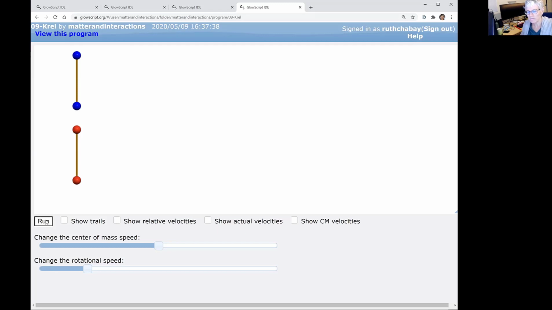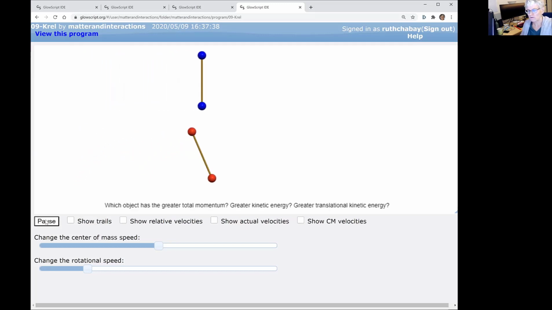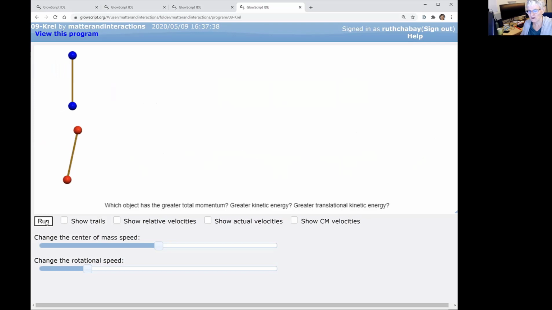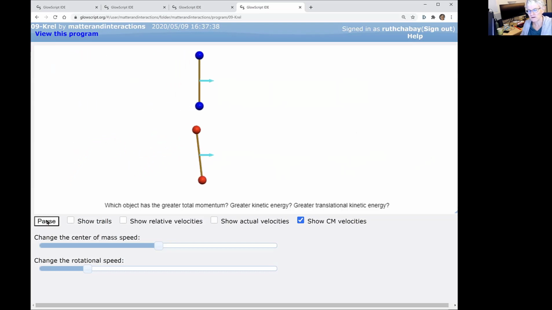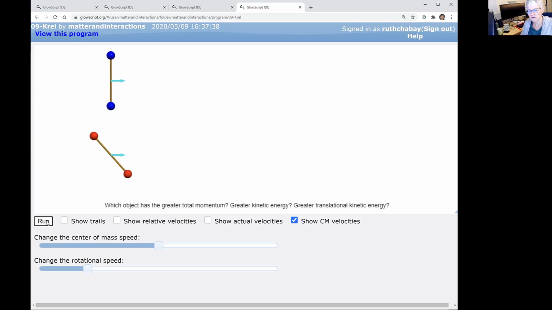And if we let them move, it makes sense to ask which one has more of something. We can see that in some sense they're moving with the same velocity, because the objects move across the screen at the same rate, and yet there definitely is something different going on.